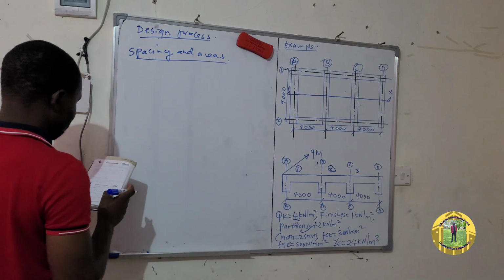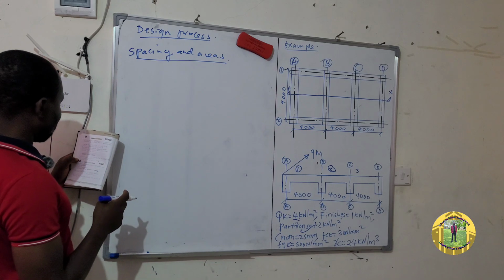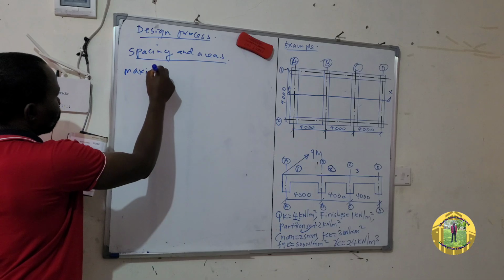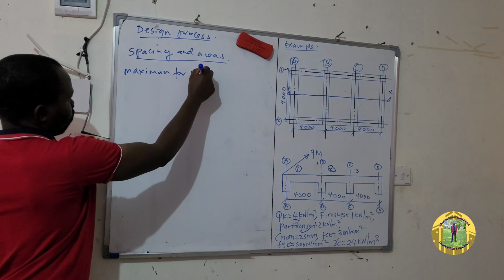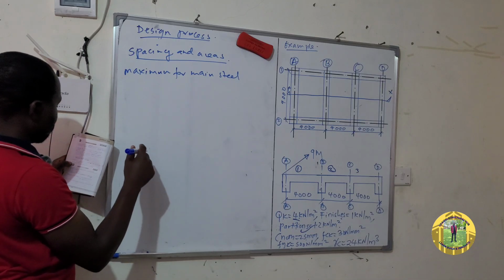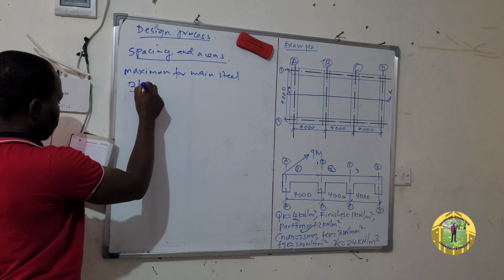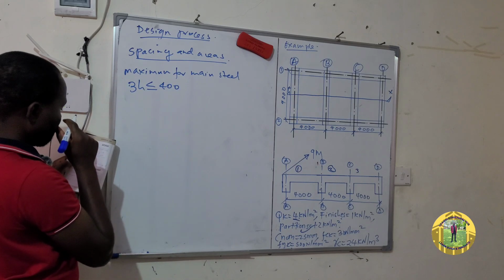So we know that for maximum spacing for main steel, we will use this one. 3H must be less or equal to 400 millimeters.